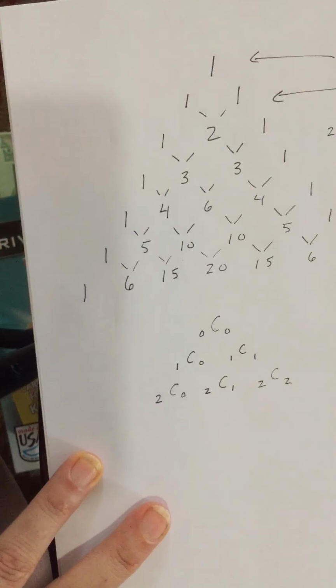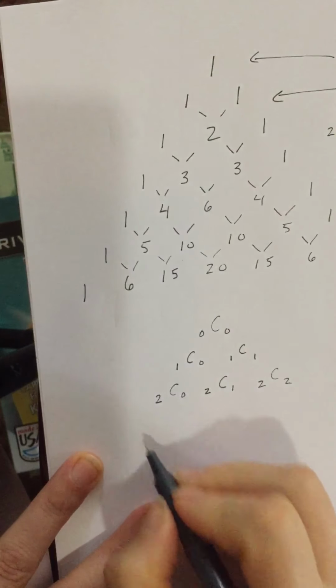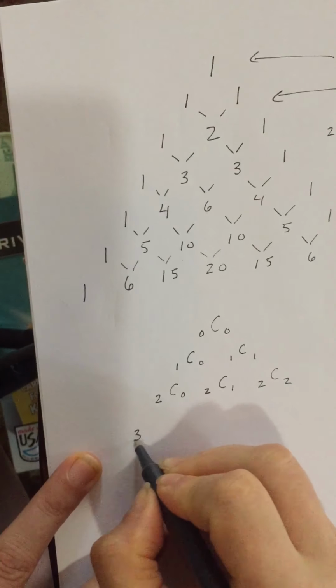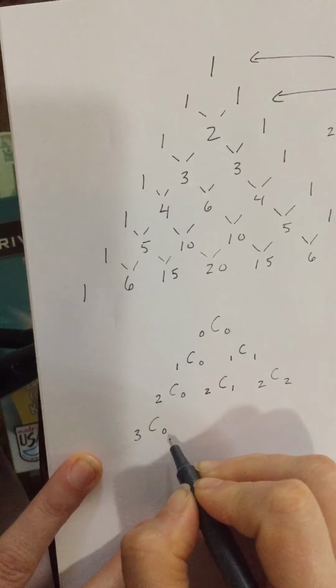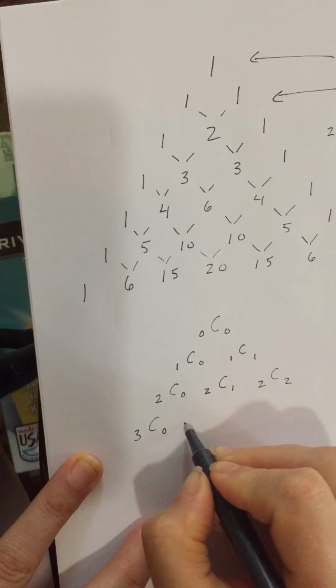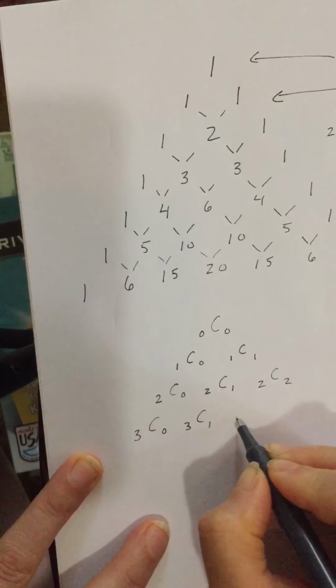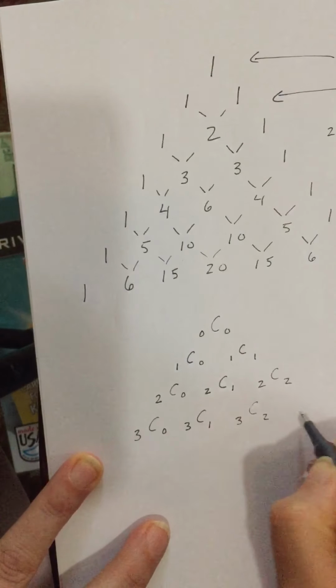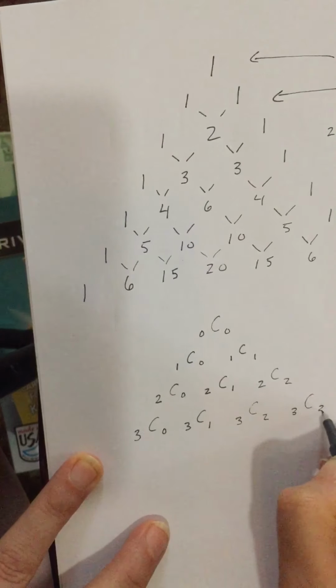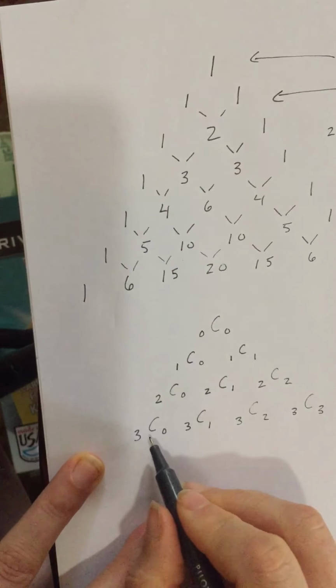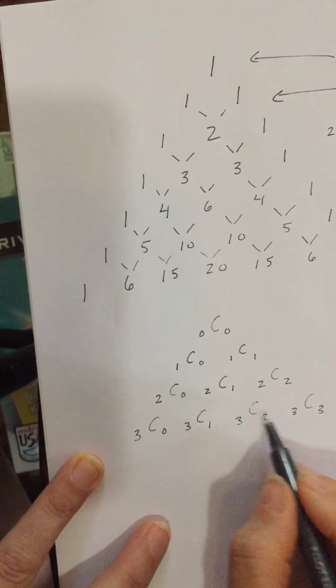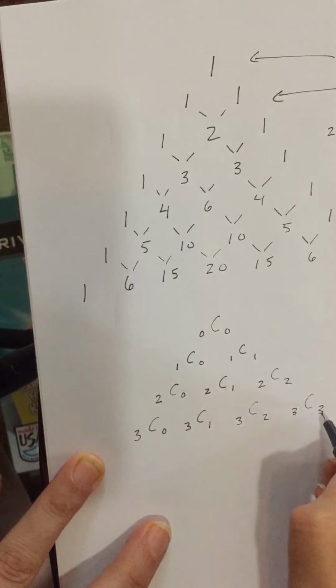So each row runs from the row number choose 0, through choosing up to that number of items. Okay, so what does the next row look like? It's going to be 3 choose 0, which is 1. Then 3 choose 1, 3 choose 2, 3 choose 3. And of course those are the numbers 1, 3, 3, 1. My 3's don't look very good.